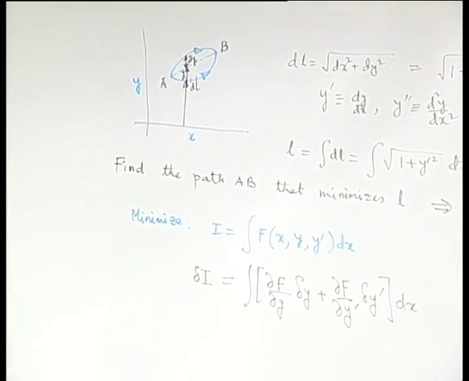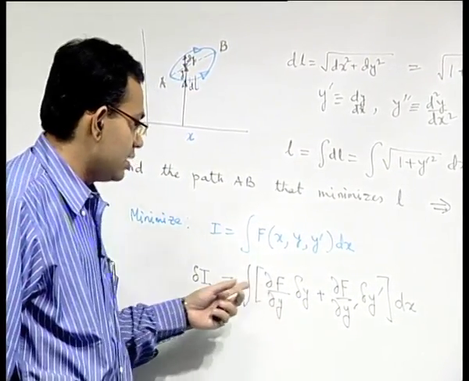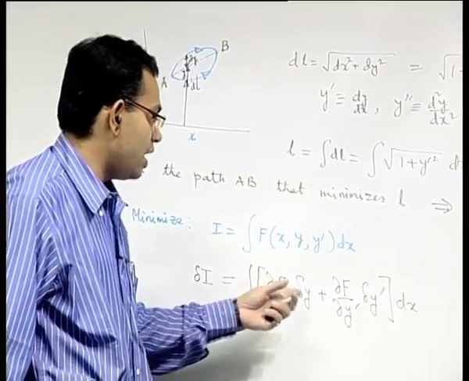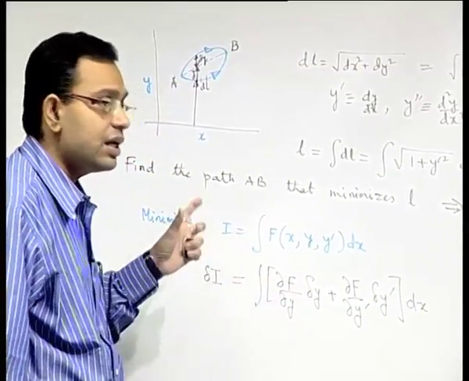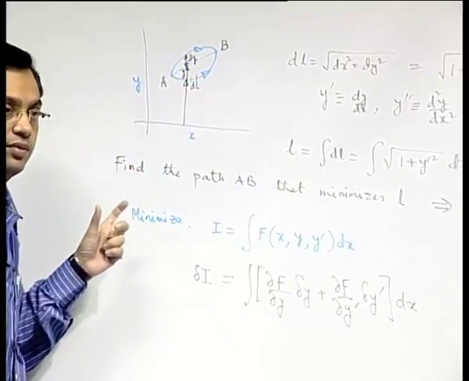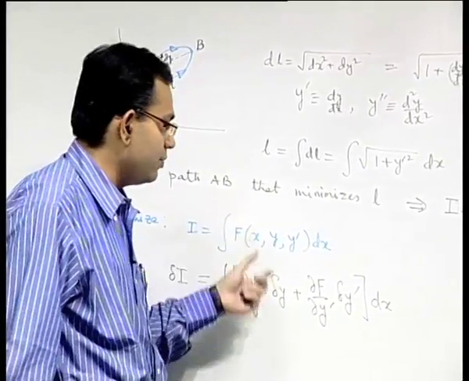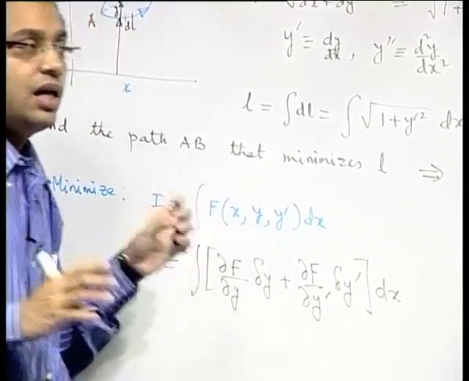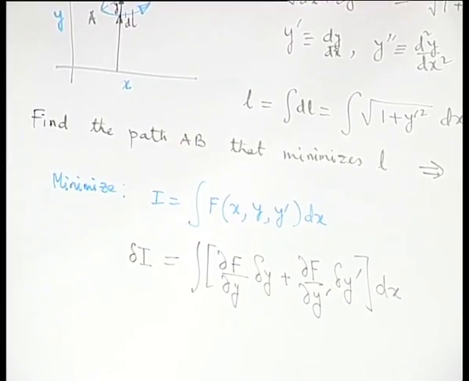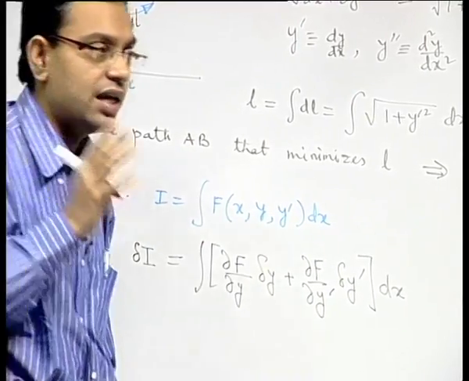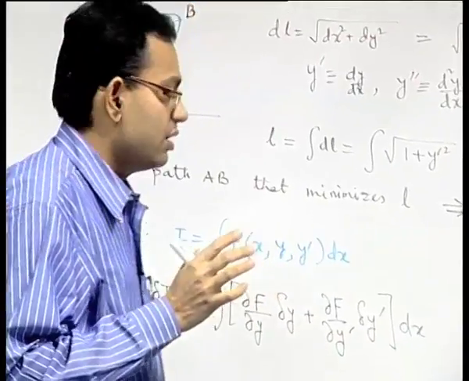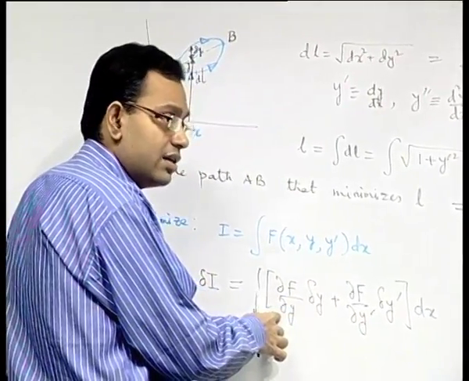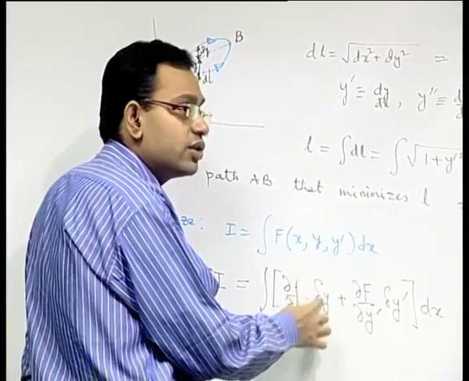Remember that these operators d, del, delta, these are mathematically behaving in a similar way. They are conceptually different, just like d is the exact differential, this del is the partial derivative and this delta is a virtual change.